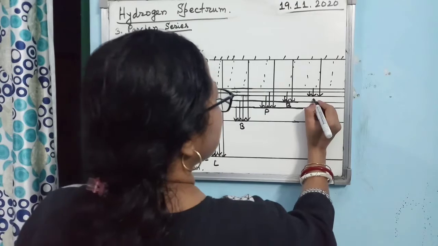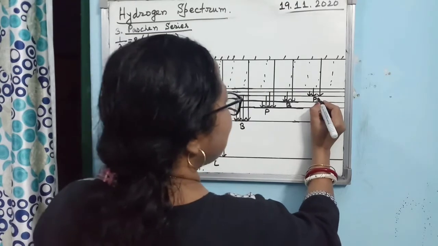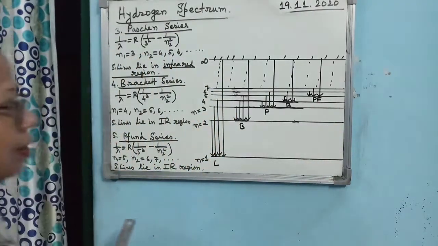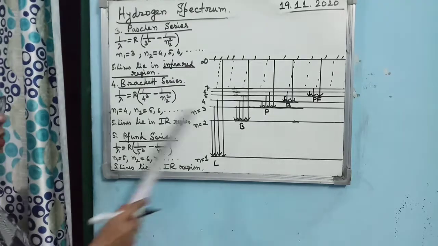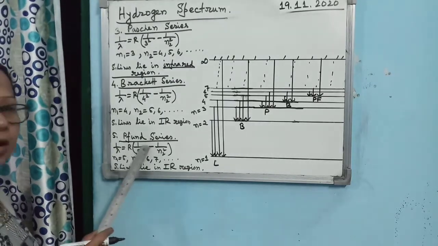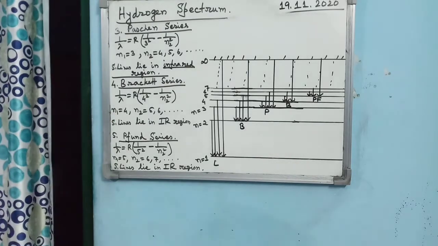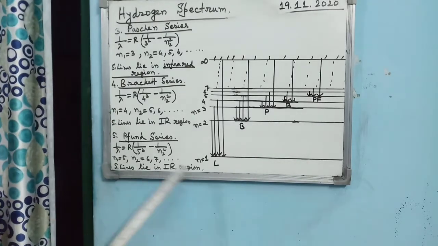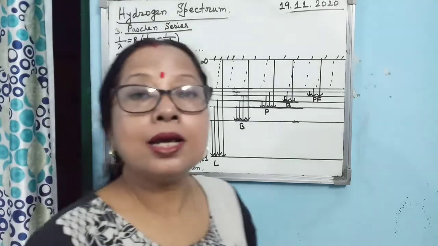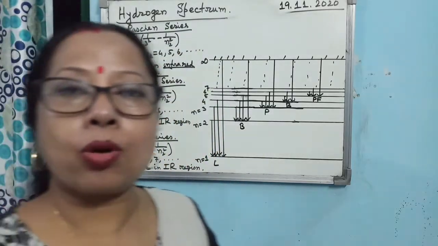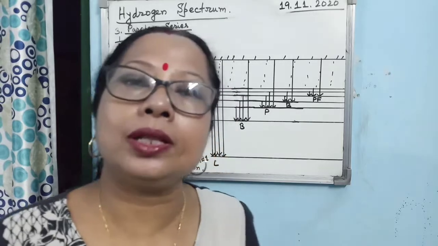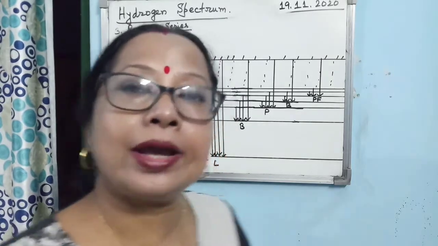Here you write PF, because Paschen is P and here Pfund series, although we call it Fund, the P is there. The Pfund series lies in the infrared region. These are all concepts related to the emission spectra of hydrogen.